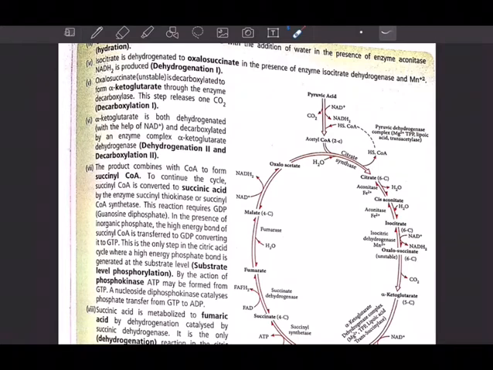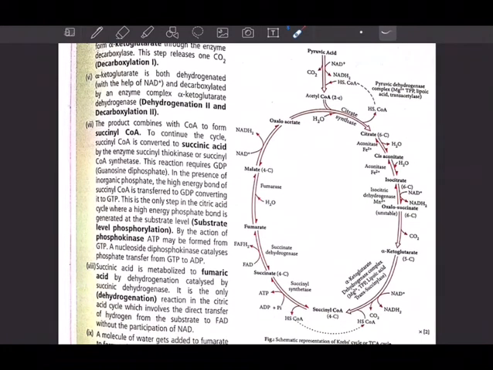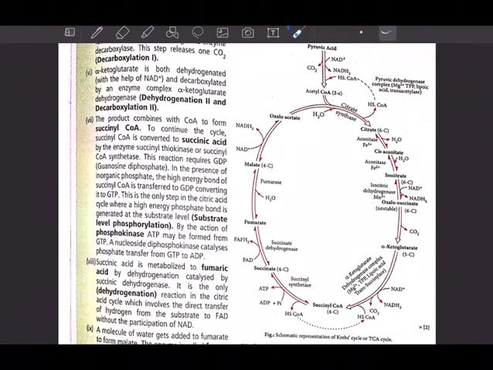Next, oxalosuccinate, which is an unstable compound, is decarboxylated to form alpha ketoglutarate, as you are seeing here, through the enzyme decarboxylase. This step releases 1 molecule of carbon dioxide. So 6-carbon oxalosuccinate has become 5-carbon alpha ketoglutarate. Now alpha ketoglutarate is both dehydrogenated with the help of NAD+ and decarboxylated by an enzyme complex, alpha ketoglutarate dehydrogenase.